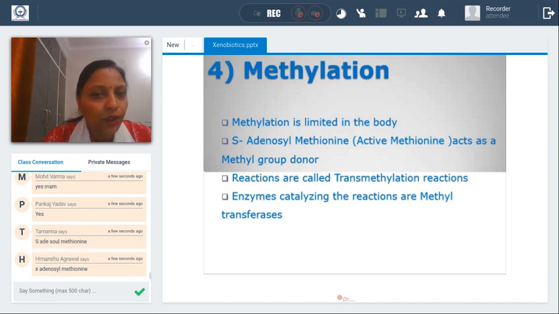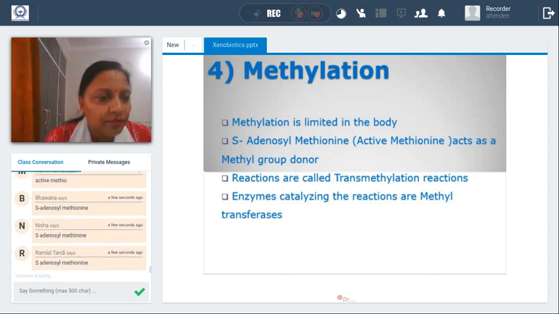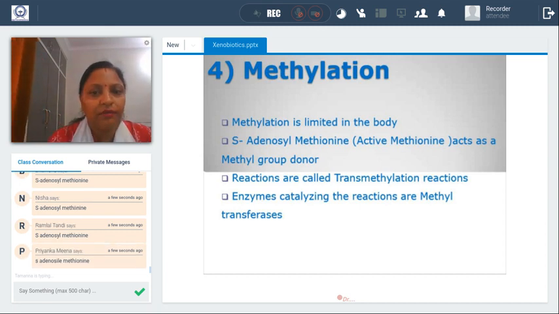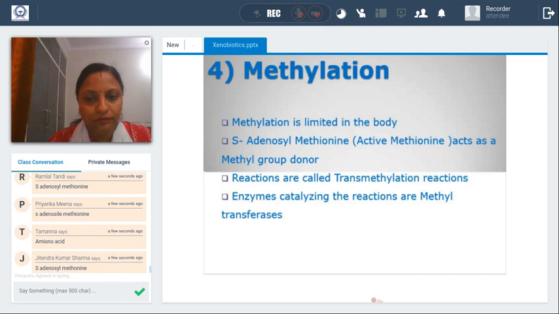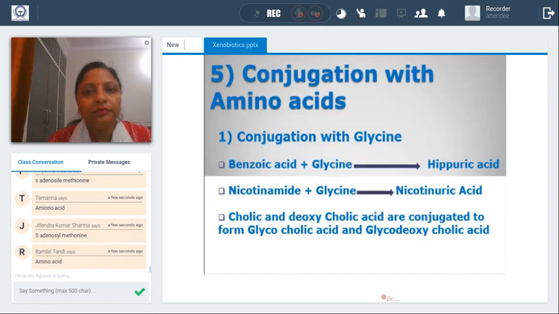This is the active methionine. Okay, good.